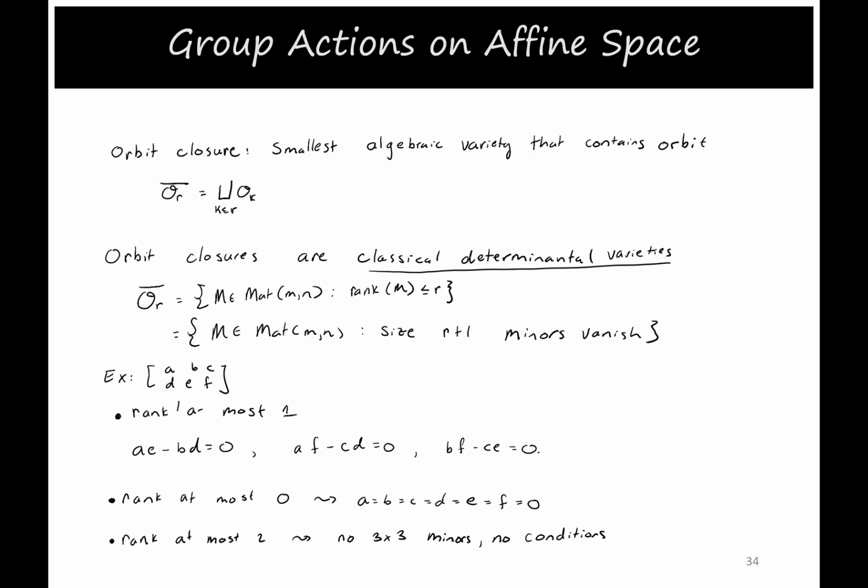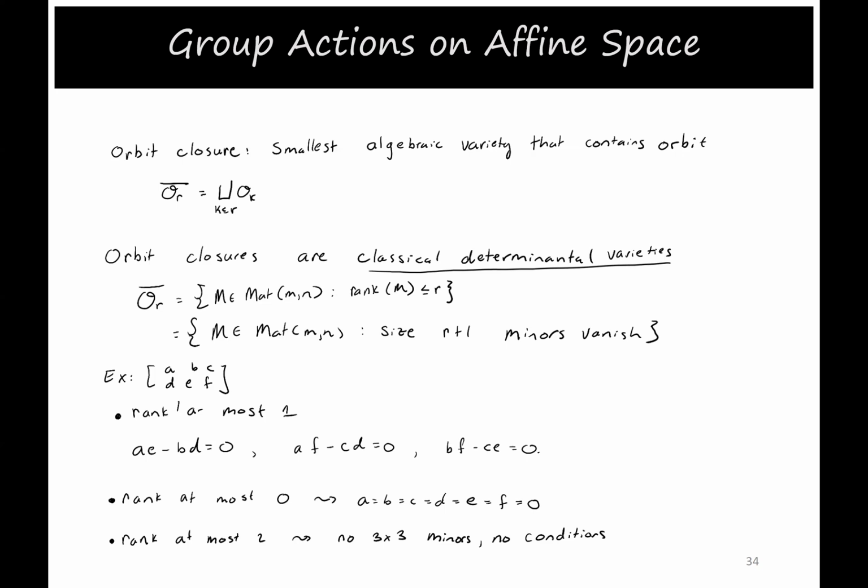So again, this is an exercise in linear algebra to show this. So for instance, if I have this matrix here, and I want to make sure that it's rank at most 1, I need all of its 2 by 2 minors to be 0. So that's why they're determinantal varieties, because we're carving them out by determinantal conditions.